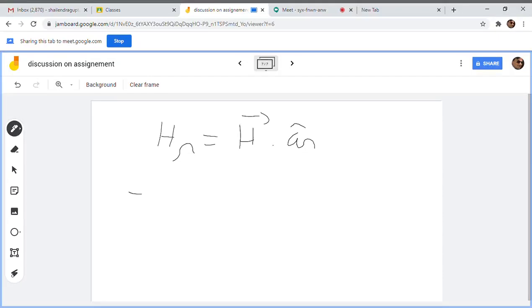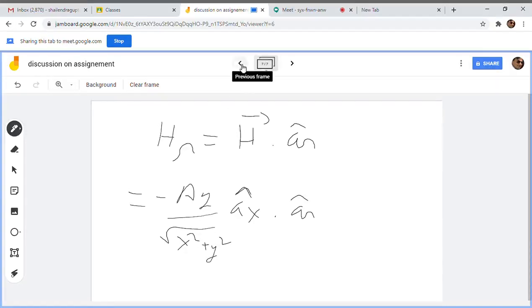So write your vector h: minus ay upon under root x square plus y square in ax, dot ar. Just refer to the matrix of conversion from the xyz coordinate system to the spherical coordinate system.